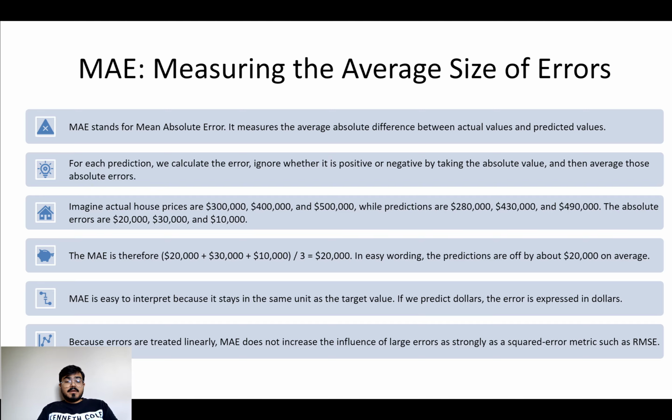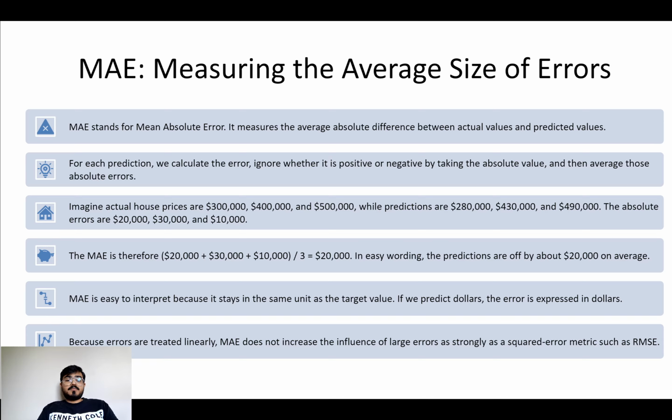The prediction errors are 20,000, 30,000, and 10,000. To calculate MAE, we first take the absolute value of each error, then add them together and finally divide by the number of predictions. So the result is 20,000. In simple words, this means the model's predictions are about $20,000 away from the actual price on average.